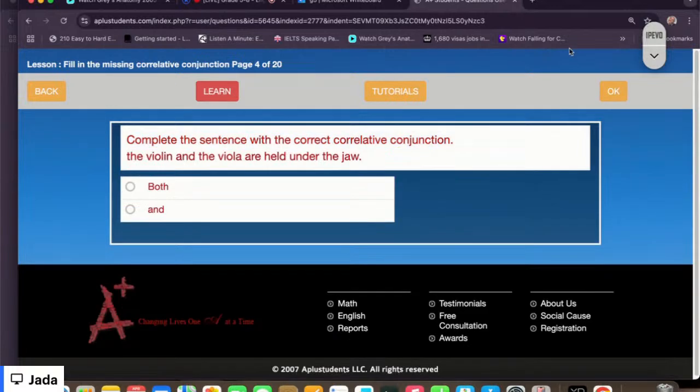All right. Both the violin and the viola are held under the jaw.